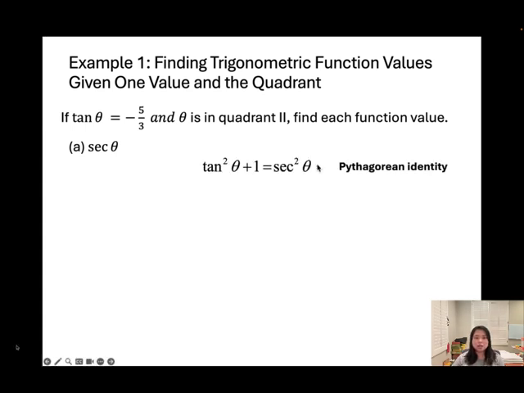I will use tangent squared theta plus 1 equals secant squared theta. You already know tangent theta equals -5/3, so you could plug it in here and square it, that will be 25/9 plus 1. So you should get 34/9 equals secant squared theta.